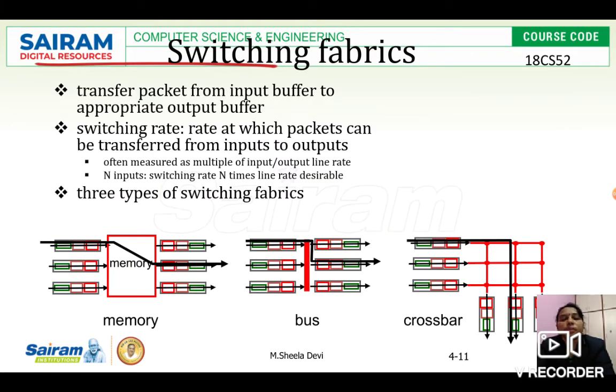Next, this is the switching fabric. That is the third part of the router, which is in the middle. What is the function of the switching fabric? It just forwards the packet from the incoming link to the outgoing link with the help of the routing table. Who is going to take the responsibility of calculating the routing table?